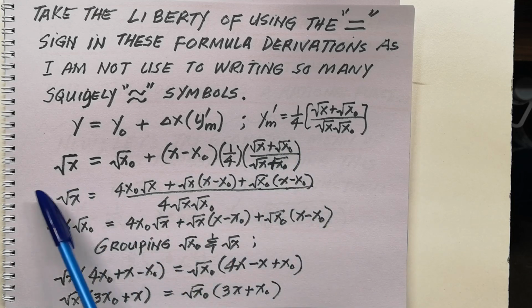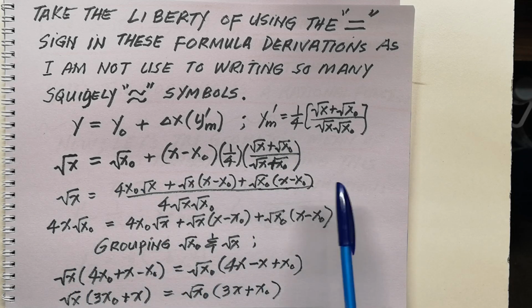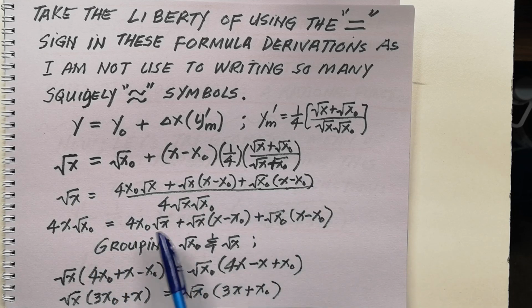So substituting all these things and expanding the formula, you can follow it through, and grouping square root of xo and square root of x, you will have square root of x multiplied by (3xo plus x) minus xo equals square root of xo multiplied by (3x plus xo).